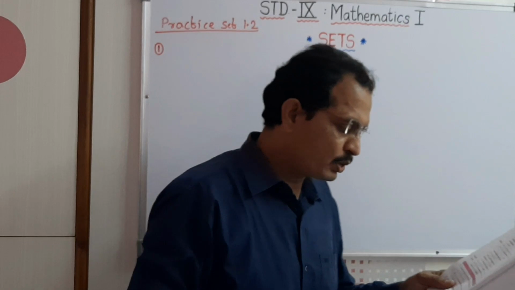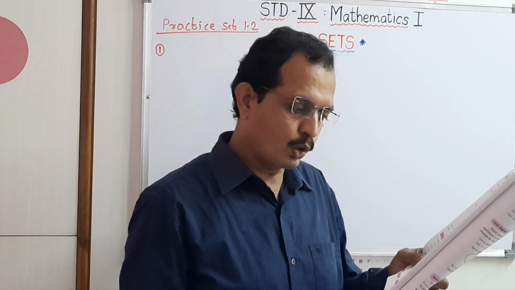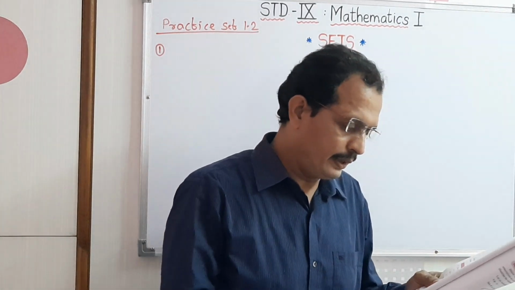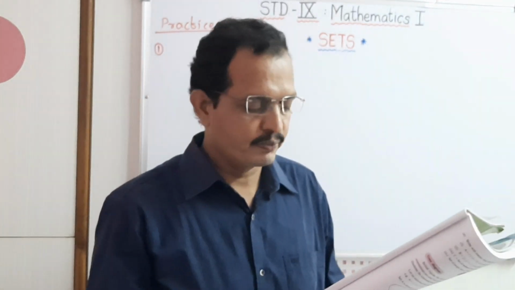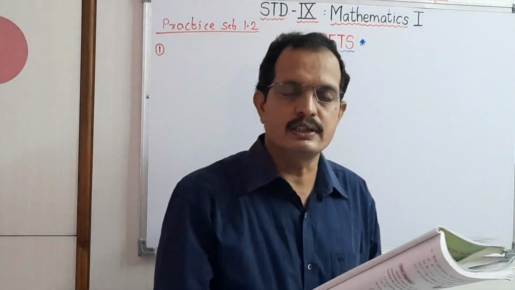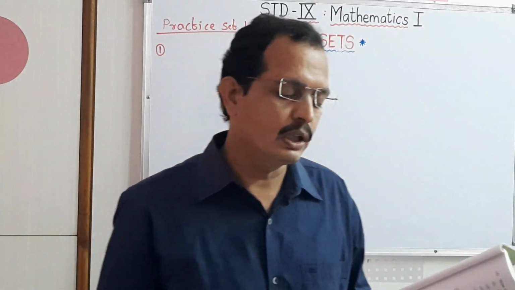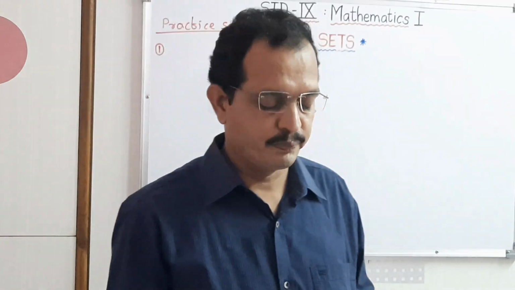Decide which of the following are equal sets and which are not. Justify your answer. Set A, set B and set C are given. From these given sets, which sets are equal and which are not, that we have to write.